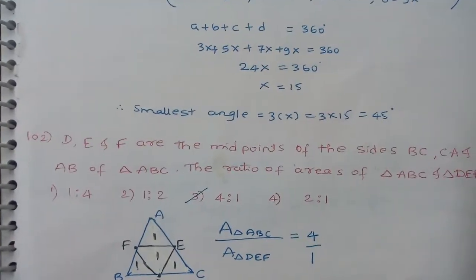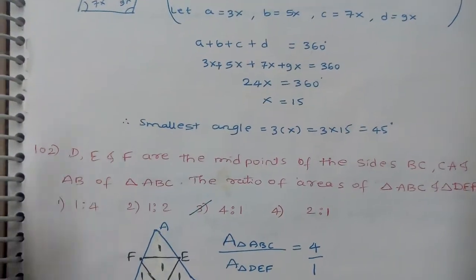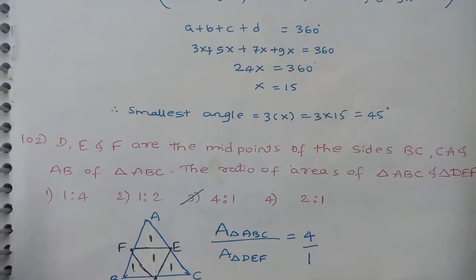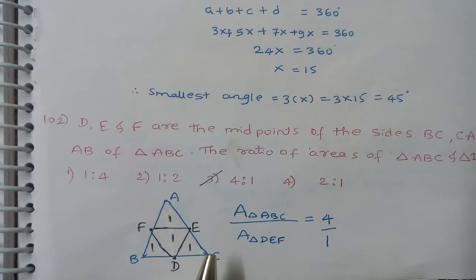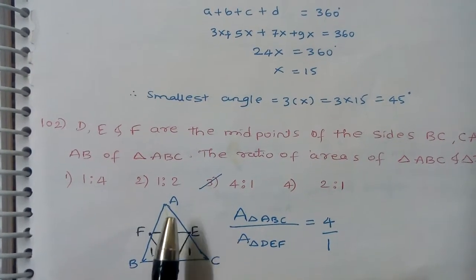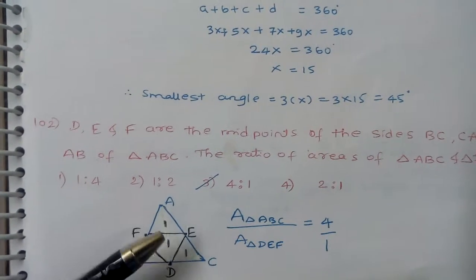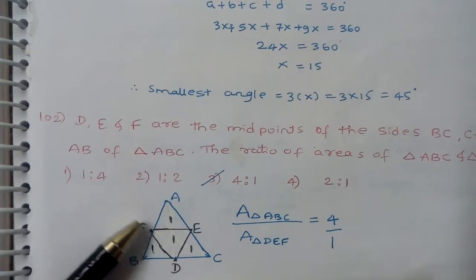D, E, F are the midpoints of the sides BC, CA and AB of triangle ABC. What is the ratio of triangle ABC to triangle DEF? Simply, we have to know that triangle ABC has 4 smaller equal, similar triangles, each of 1 unit.